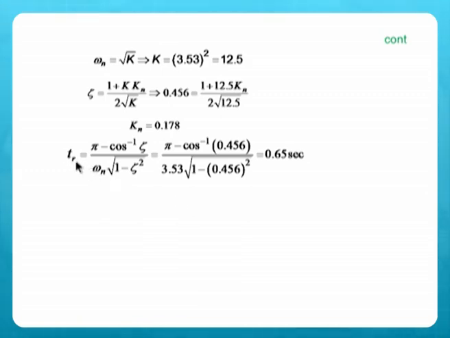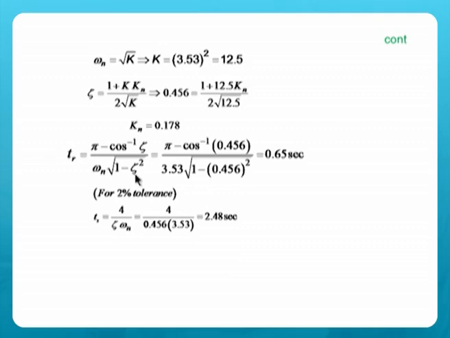Then you can calculate now the rise time using the formula that was actually given in the previous problems too. And settling time is to be calculated. You need to look at whether tolerance is considered or not. By default, you should use the formula settling time equal to 4 by zeta omega n.